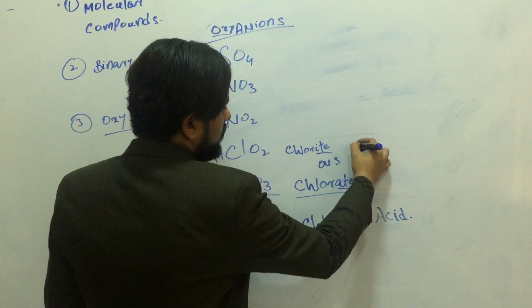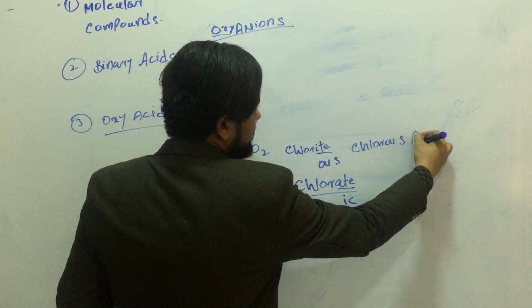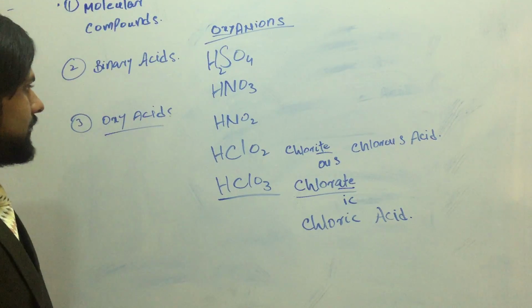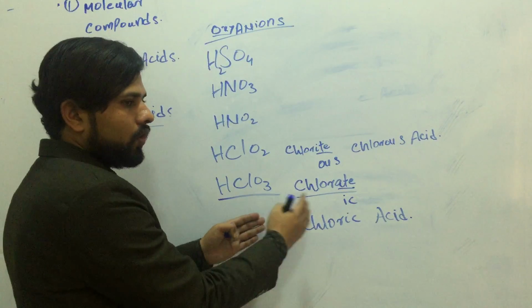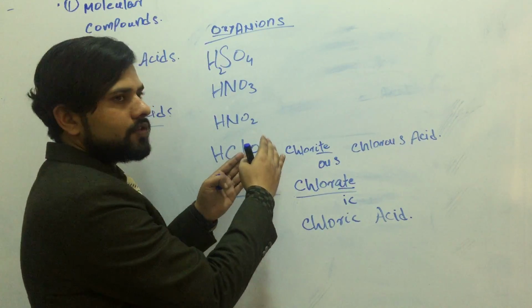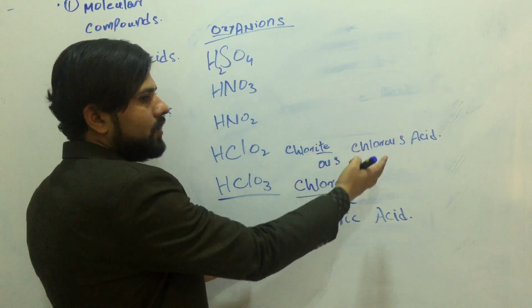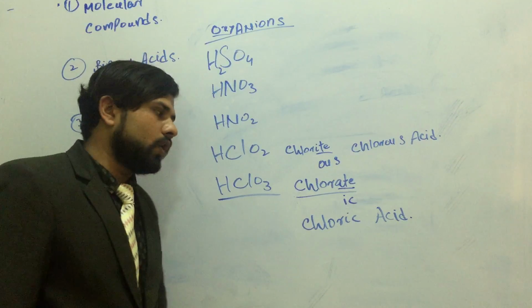So it's going to be chlorous acid, right? So in a nutshell, the point is chlorate is going to be chloric, chlorite is going to be chlorous. If there is ITE, that will be OUS. If there is ATE, that's going to be IC, chloric and chlorous.